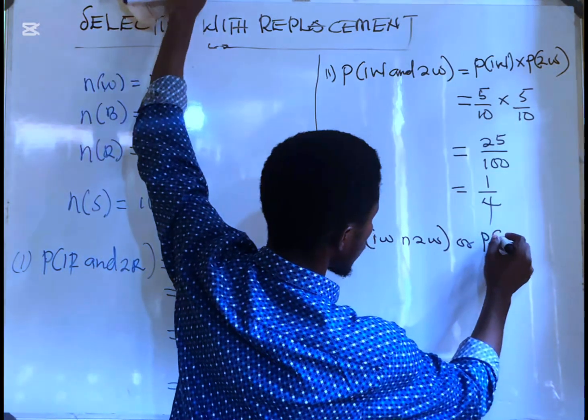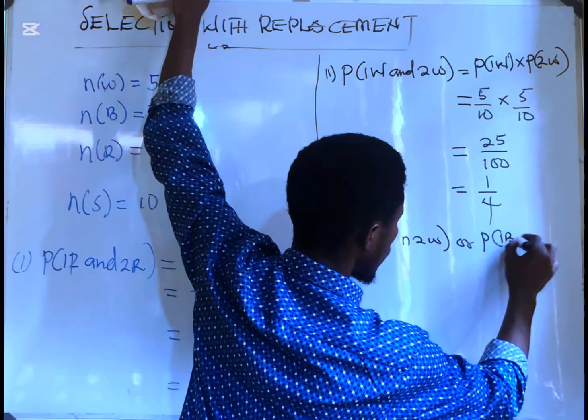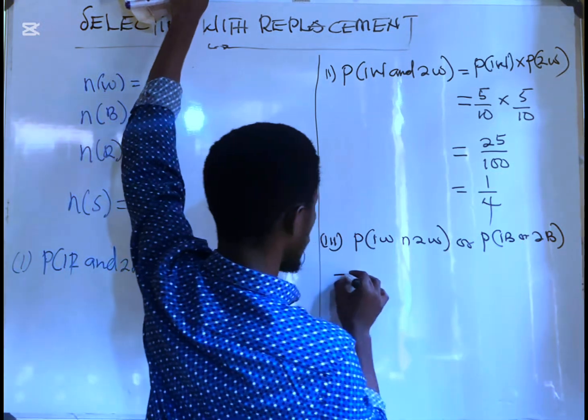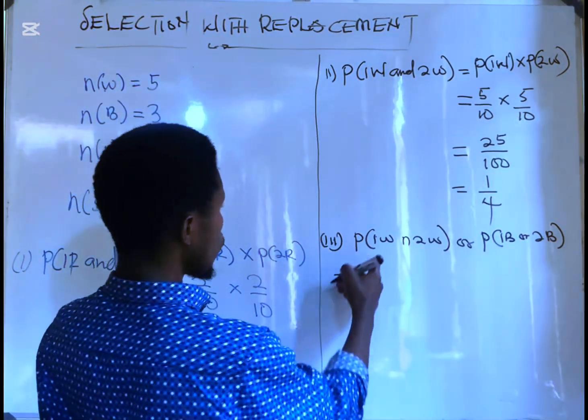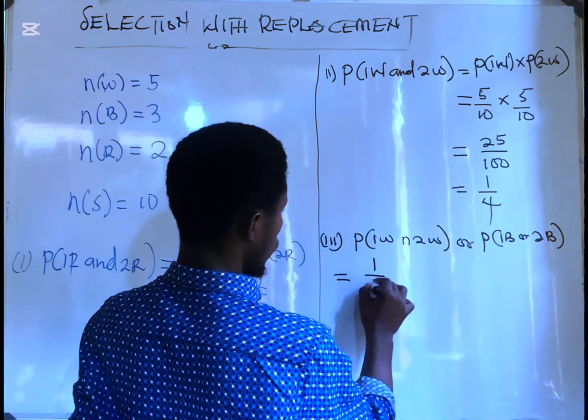So first to be black and second to be black. So if you want something like this, first to be white, second to be white, that one we have already done it. We had 1 over 4.